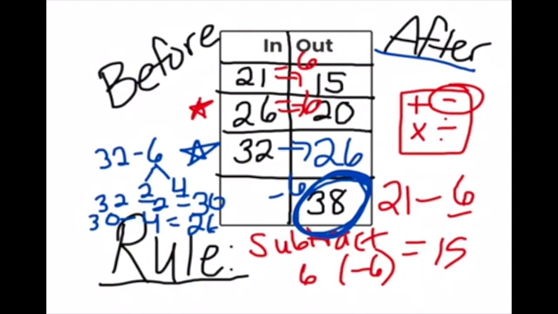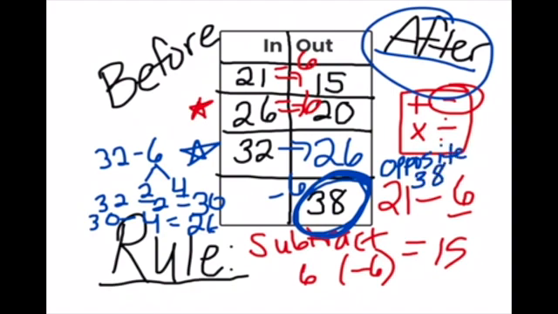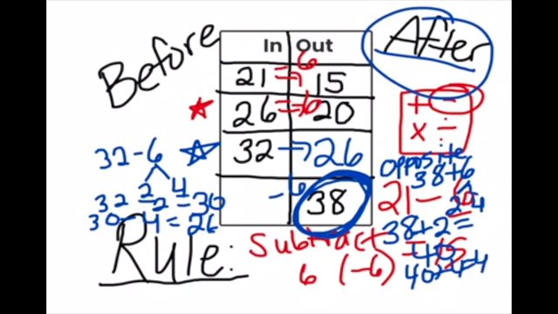And you will see how that will still work with the minus 6 rule. Okay, so let's add 6 since this is the after and we need to try to do the opposite. Okay, so what's 38 plus 6? Well, let's see. If I split my 6 into a 2 and a 4, I would do 38 plus 2 is 40. And then 40 plus 4 is 44.